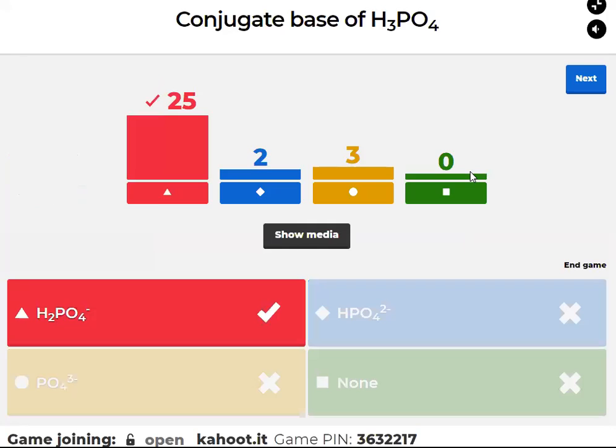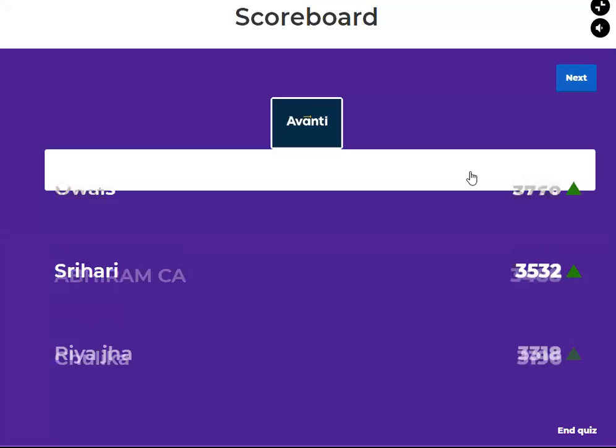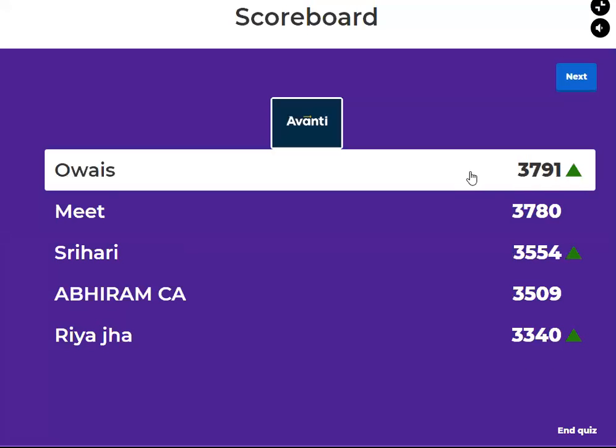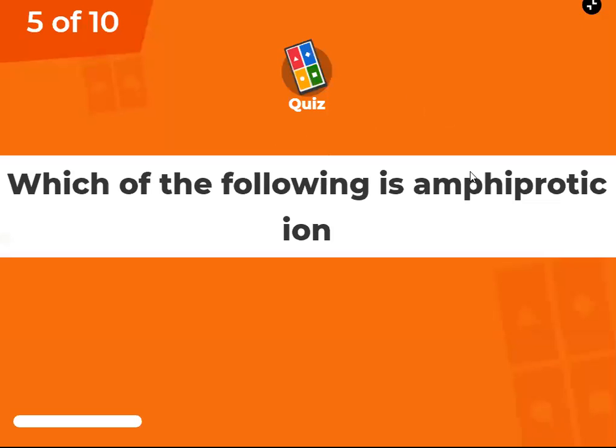Yes, it is H2PO4 minus, because just remove one H plus. Very good. Now Ria is in the top 5, Avas is in first position. See, the sooner you answer, the more marks you'll get.